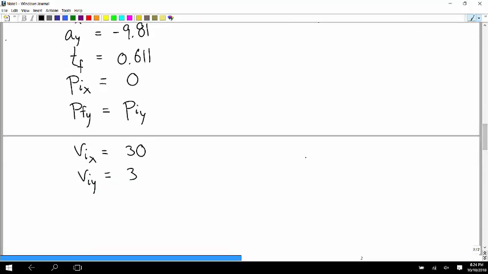I think the one that should work is p_f_x is equal to p_i_x plus v_i_x t_f plus 1/2 a_x t_f squared.